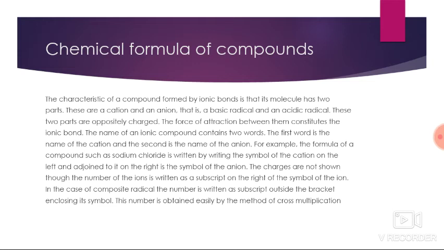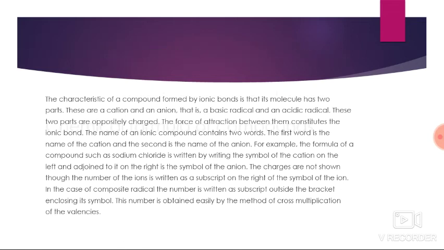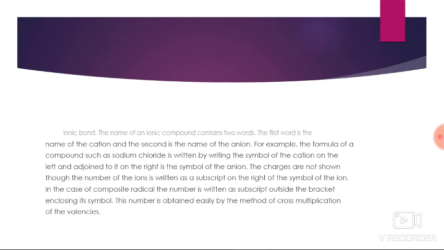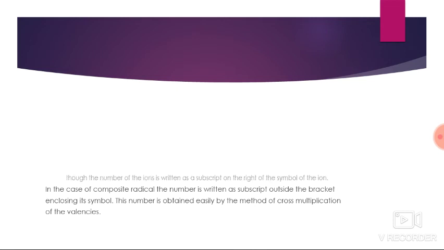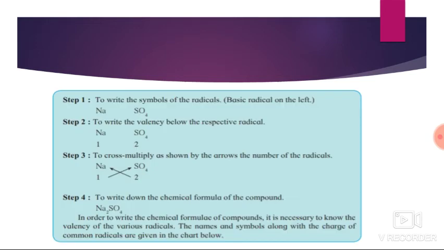So this you will understand by writing the formula, and we are going to learn the steps. How to write the formula using the valencies. I will make you understand. Let's see.